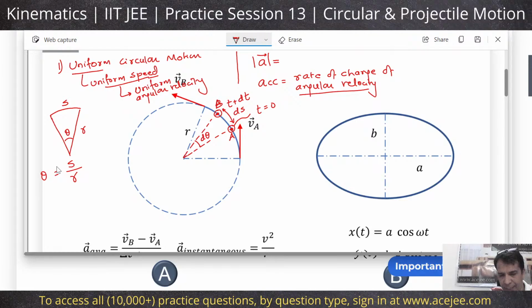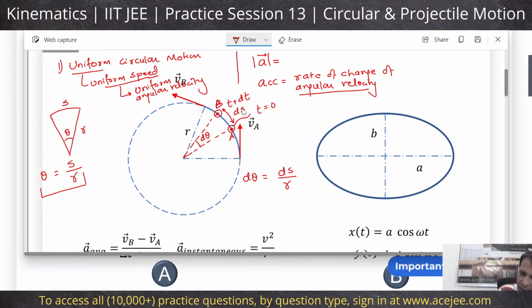Theta is s by r. So let's use that basic definition of angle in this scenario. So we have d theta is equal to ds by r. Any concern, any issue on this front? No, sir. No concern.